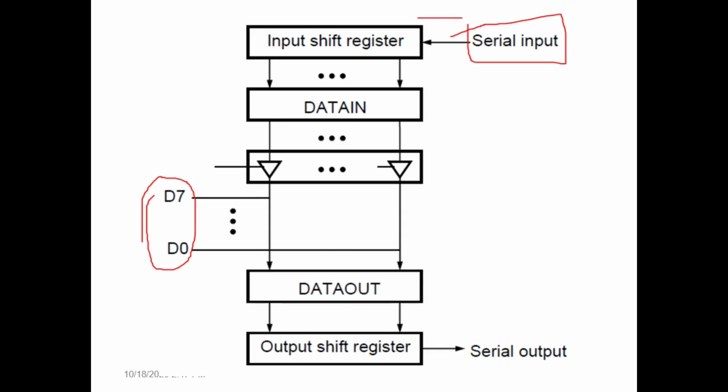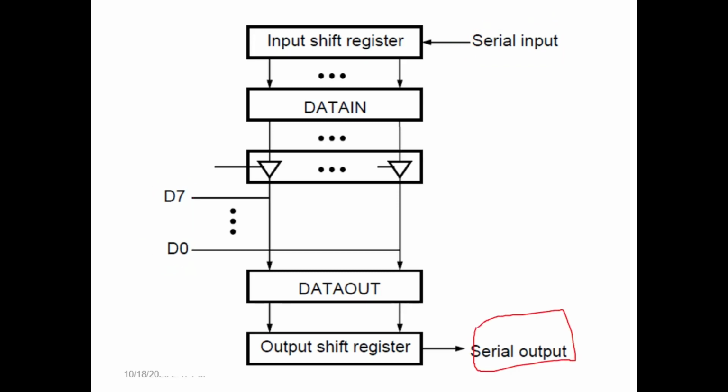Now let us see how the output operation is done. In the output operation, there is a serial output device which receives data from the processor bit by bit. The processor sends the entire 8-bit data at a time to the data out register, and data out copies that 8-bit data to the output shift register. Now the output shift register has 8-bit data.